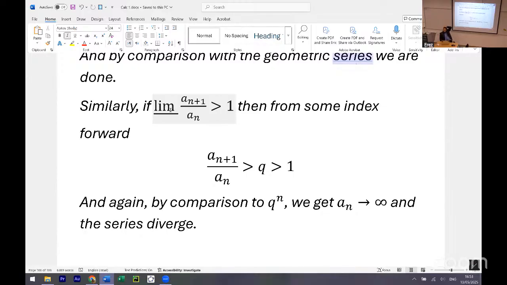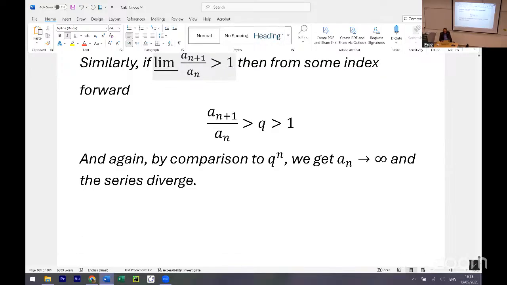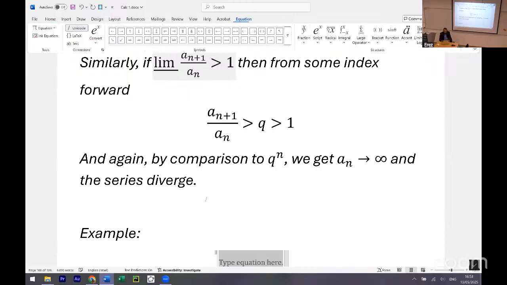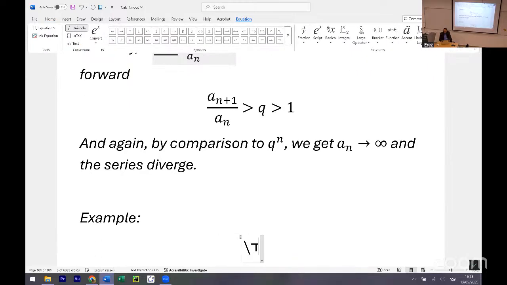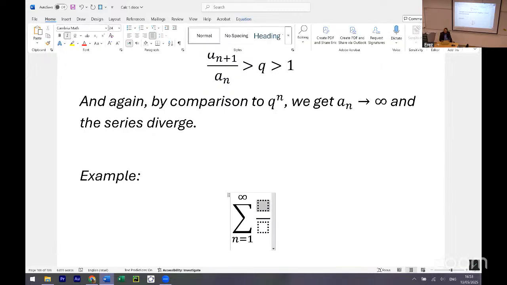Any questions up until now? So let's look at the following beautiful example. Let's look at this series of n factorial over n to the n.